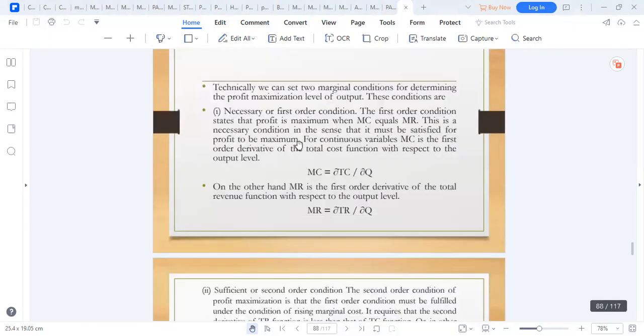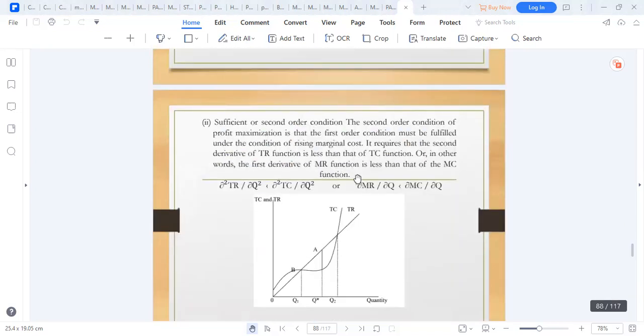So when we have a function of the total revenue and total cost, as long as between A and B the total revenue is above the total cost, we call that the profit. Where the total cost exceeds the total revenue, we call that a loss.